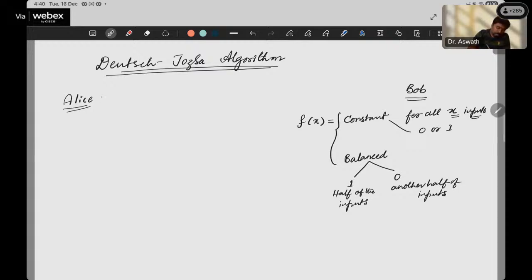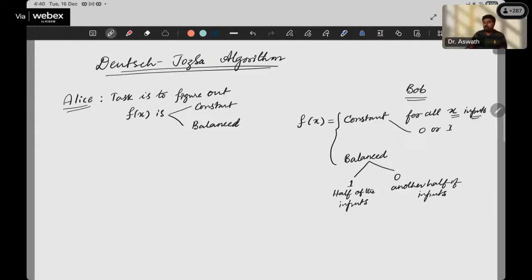Now Alice's task is to figure out whether f of x is constant or balanced. She has to find out. She can't find out without interacting with Bob, for sure.